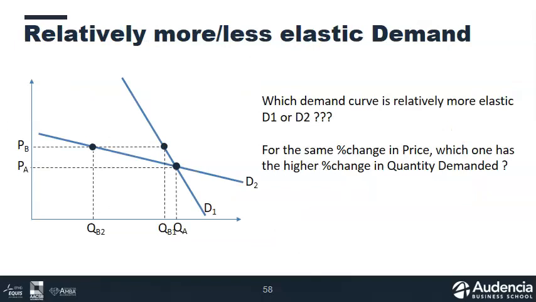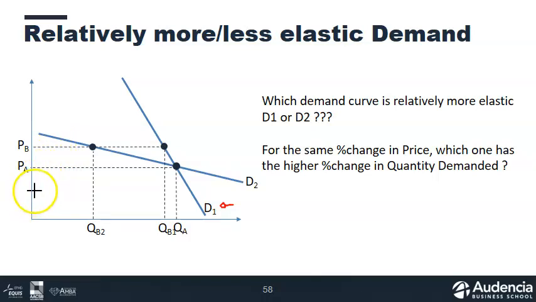Now, demand curves can be more or less elastic, as you can see. Here I have a case where we've got a demand curve, and I'm going to see if I can animate this. So if we're on D1, we're down here at D1, and we have a change in price. The price goes from PA to PB.